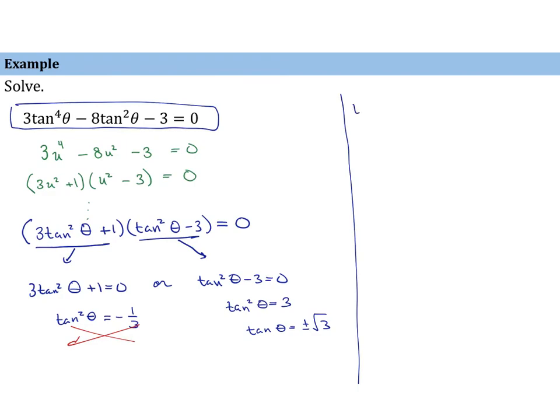So let's look at that. Tangent of theta equals the square root of 3, or tangent of theta equals negative root 3. Well, tangent of theta in both of these situations would have the same reference angle, namely pi over 3.